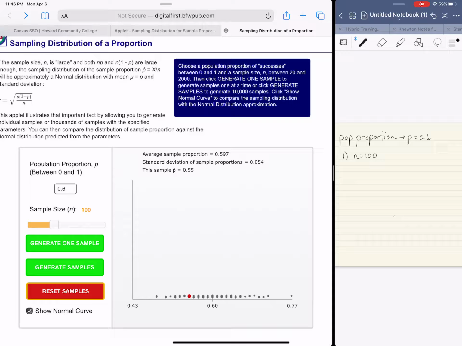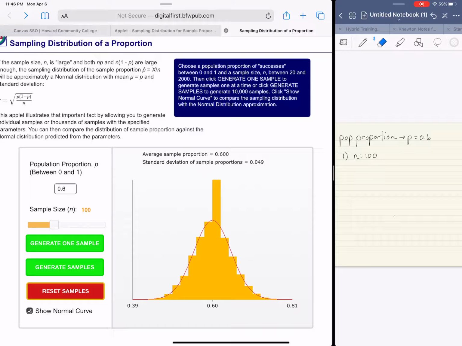Let's see what happens if we take a whole bunch of samples. So now I'm going to generate thousands and thousands of samples and plot the sample proportion for each one of them. So notice that the distribution is unimodal, really close to symmetric, and so it follows this normal curve.